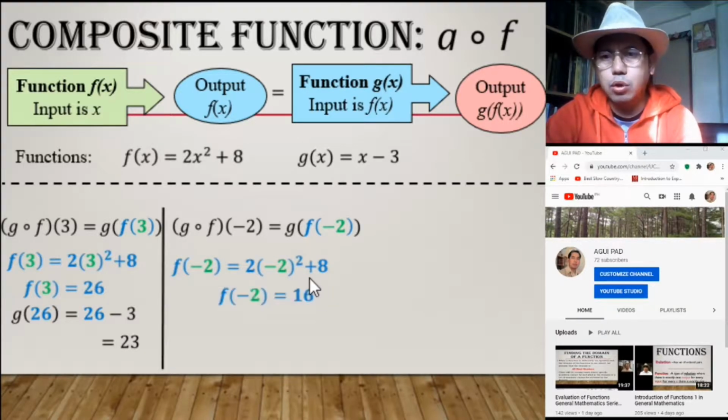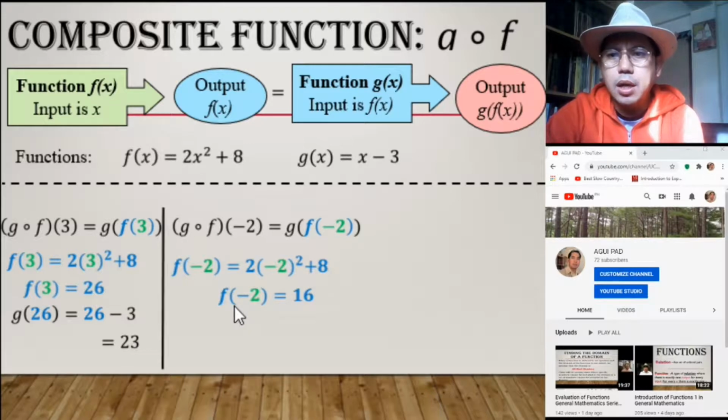Now what would be the result? Now we have in here f of negative 2 will give you a result of 16. Why 16? Negative 2 multiplied by negative 2, it will give you 4. Multiplied by 2, it will give you 8. Plus 8, it will give you 16. So that is the result of the first function.